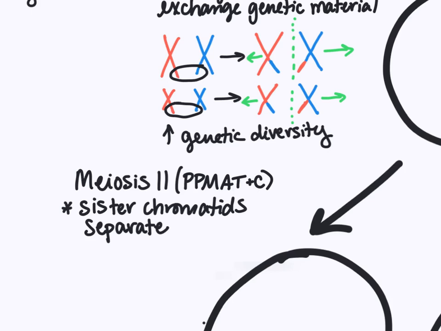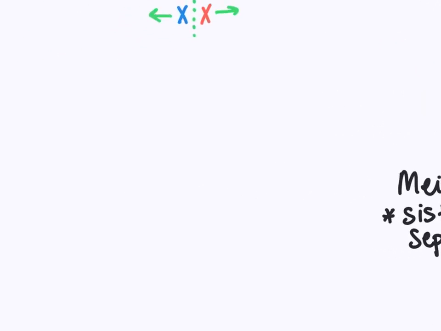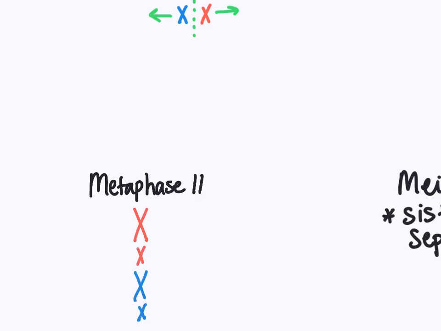That means that during metaphase 2, the chromosomes are going to line up along the middle of the cell, kind of like this. So that during anaphase, the sister chromatids are going to get separated from each other, and each of those sister chromatids is going to go into a different daughter cell.